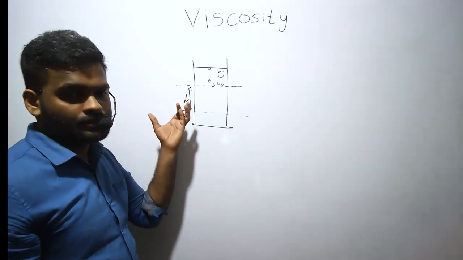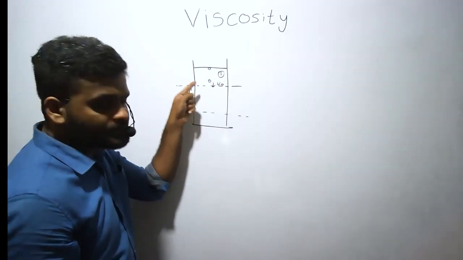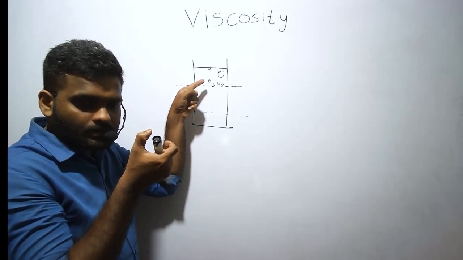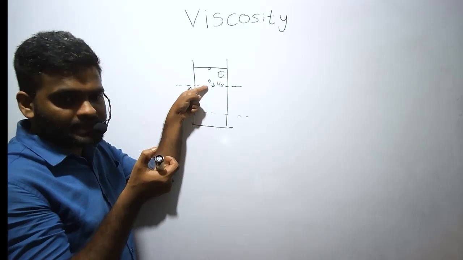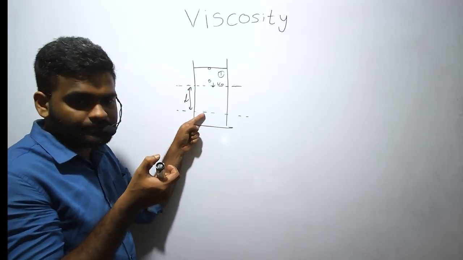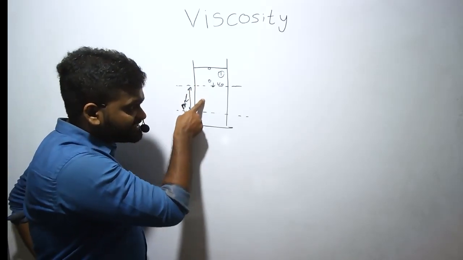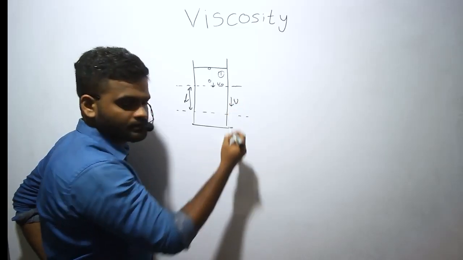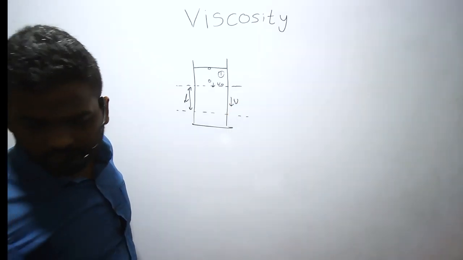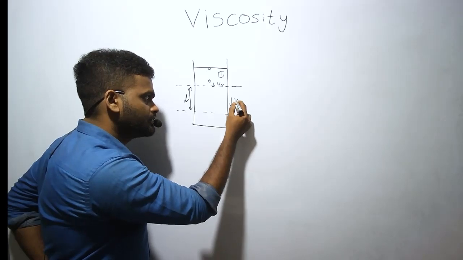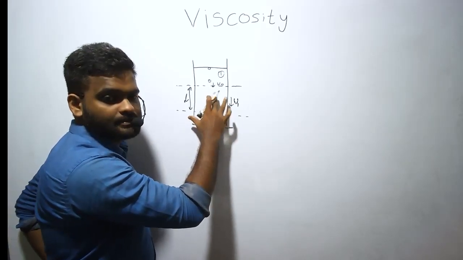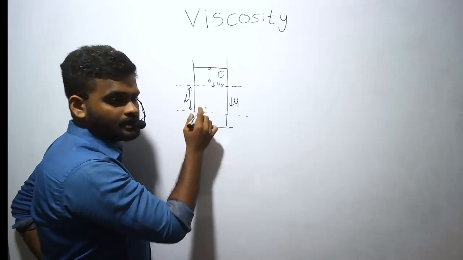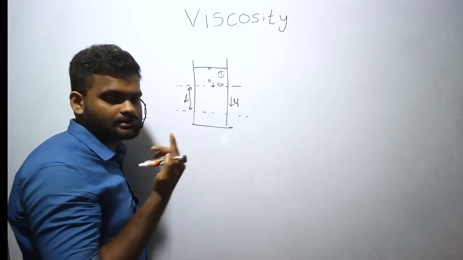Then what do you do? You have to observe that. You have to start the stop clock as it enters from here and leaves from here. Within this region, the object moves at V naught. I'll say V1 because it is the first case. Terminal velocity in the first case is V1 because within this region it has a constant velocity.